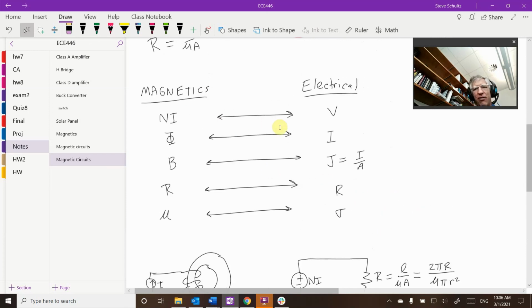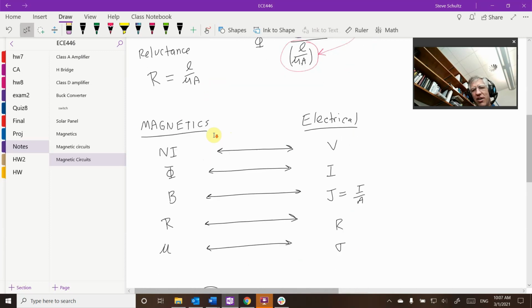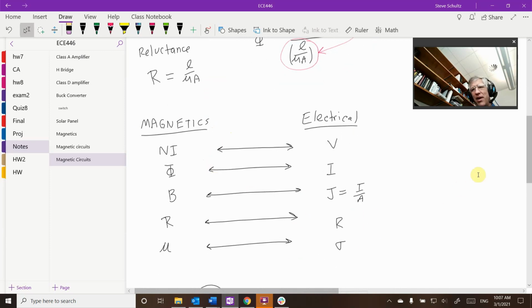It's really powerful using these equivalents because then all of the knowledge we gain for electrical, we can apply to magnetics. We're able to do this because the basic math runs the same. There aren't really magnetic circuits, but it's just an easy way for us to use the similar math to solve everything. And that is called magnetic circuits.